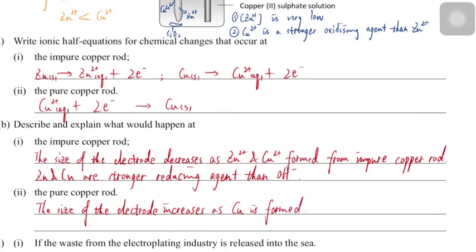Okay, the reason is that copper 2 ion is a stronger oxidizing agent than zinc ion and also hydrogen ion.